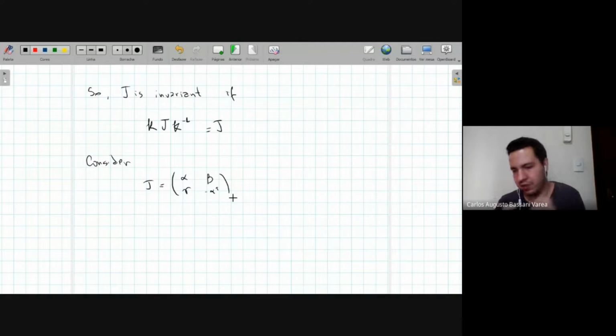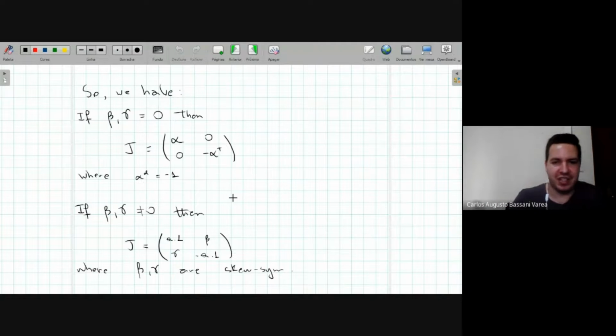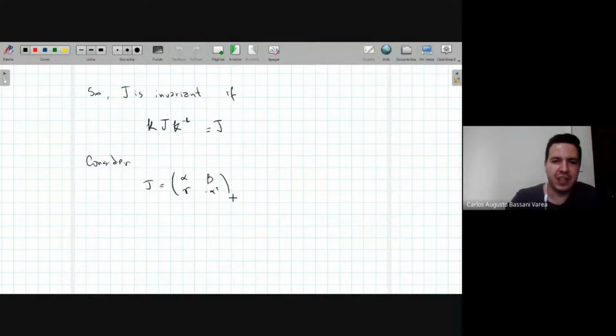This way we do one computation and not a case-by-case computation. So consider J like this, and let's see what happens with K J K minus 1.